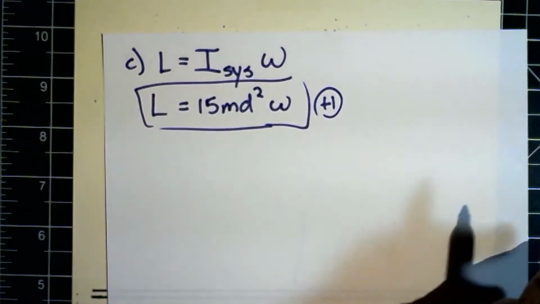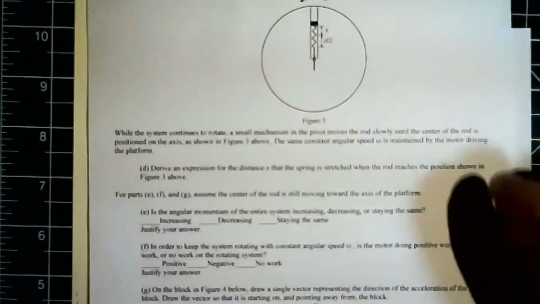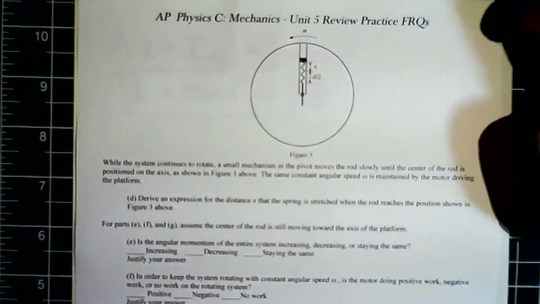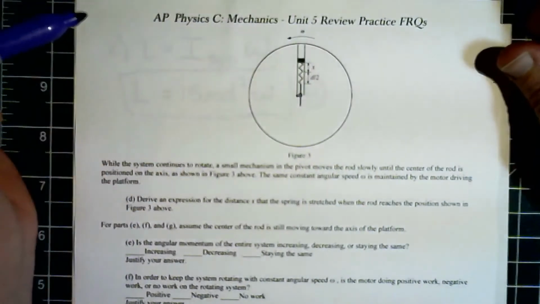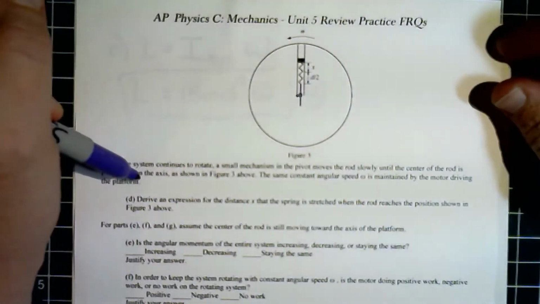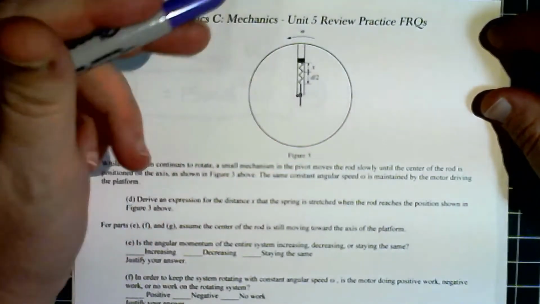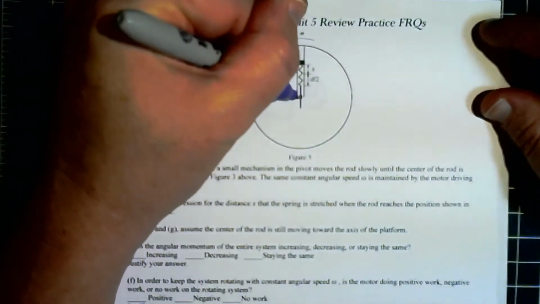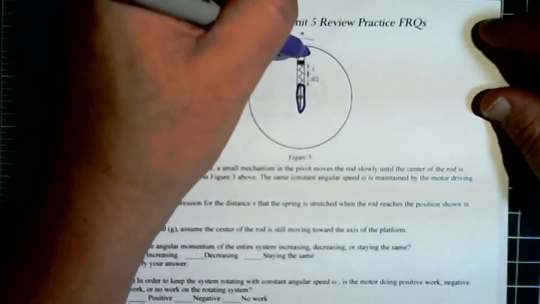Okay. For part D, we've got a new scenario. It says, while the system continues to rotate, a small mechanism in the pivot, which is right here, moves the rod slowly until the center of the rod is positioned on the axis, as shown above. The same constant angular speed is maintained. So what's happening is there's some kind of device in here that's pulling the rod closer towards the center.